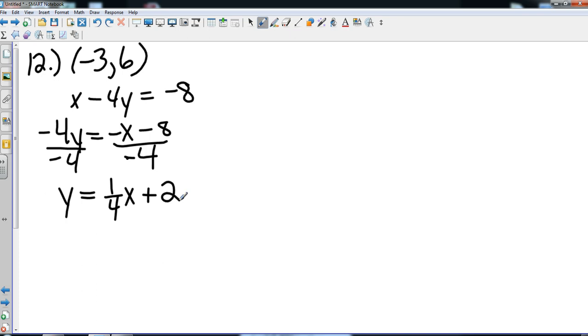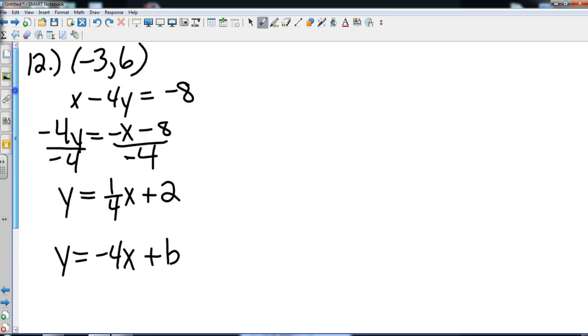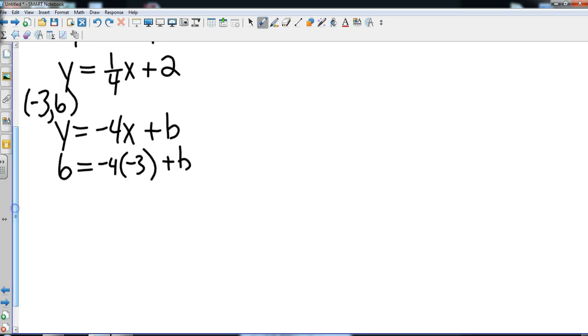What's the negative reciprocal of 1/4? Negative 4. So the one I'm looking for is y equals negative 4x plus b, and my point was negative 3, 6. Guess what we're going to do? Sub them in. 6 equals negative 4 times negative 3 plus b. That gives me 6 equals 12 plus b.